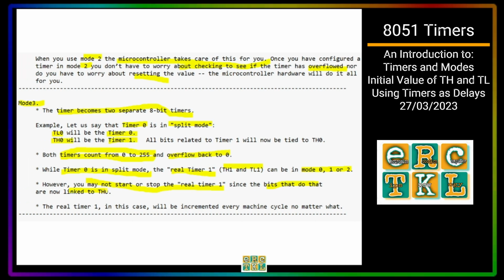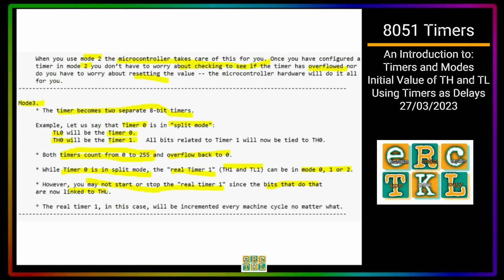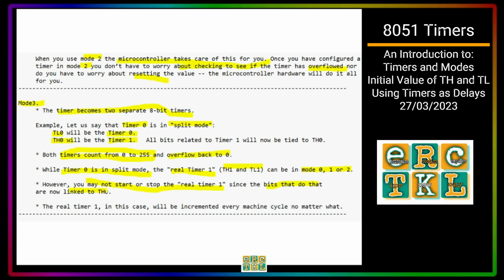Timer 0 has TL and TH. The TL0 will be timer 0 and the TH0 will be timer 1. So the real timer 1 cannot start or stop because it already gave its right to timer 0, which is now controlling the fake timer 1.